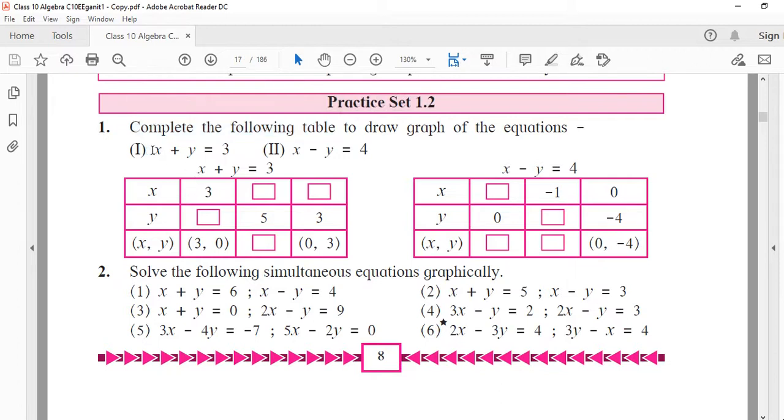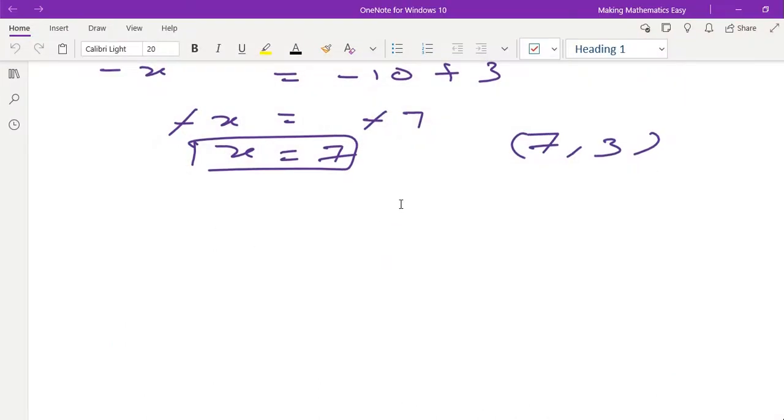This is your equation: x plus y is equal to 3, and x minus y is equal to 4. We have these two equation. Okay, and they have told us to just complete this table to enable us to draw a graph of these two equation. These are the two equation, and we have to draw graph of these two equation. Okay, so let us start.